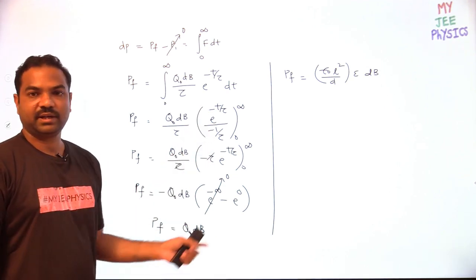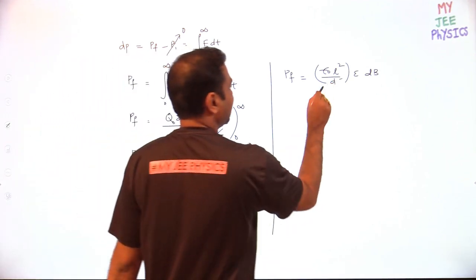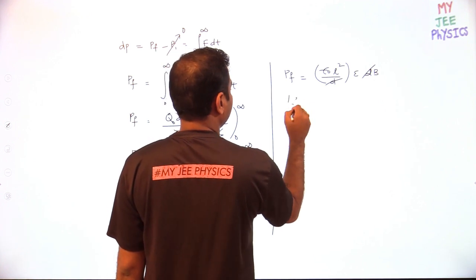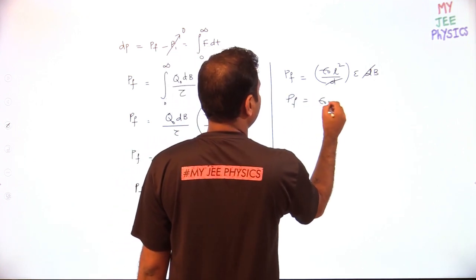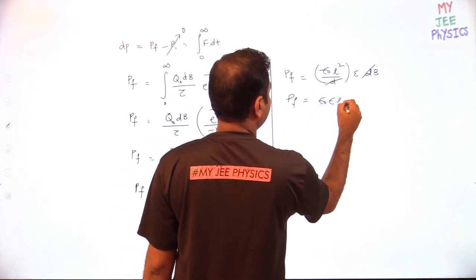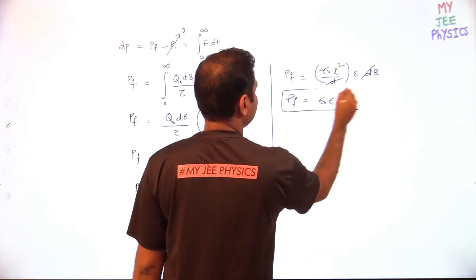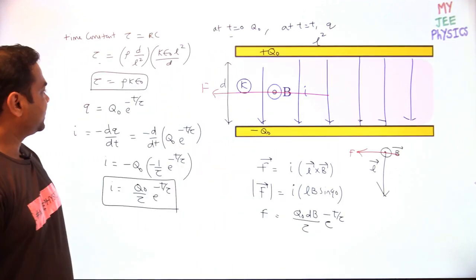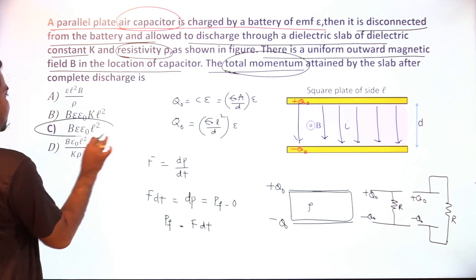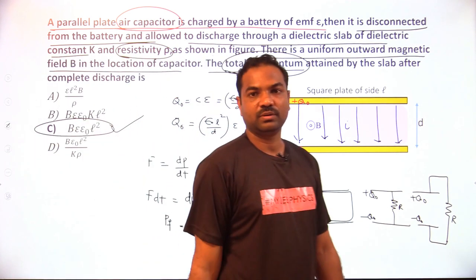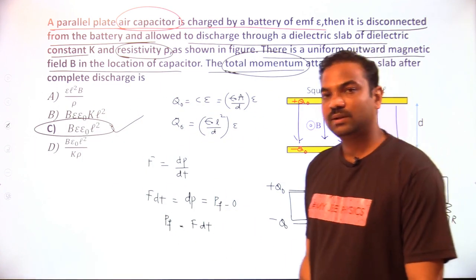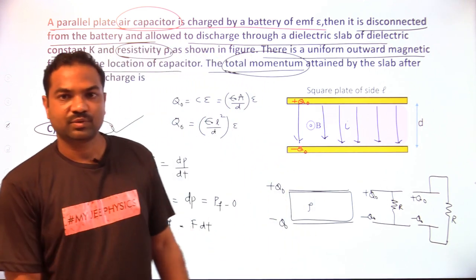Q naught I wrote, d into B also I wrote. So d value will cancel out. Finally, the momentum value is equal to epsilon naught E L square B. This is the final momentum. Then the required answer is C. Hope you got the same answer. Okay. So let us move to the next question.